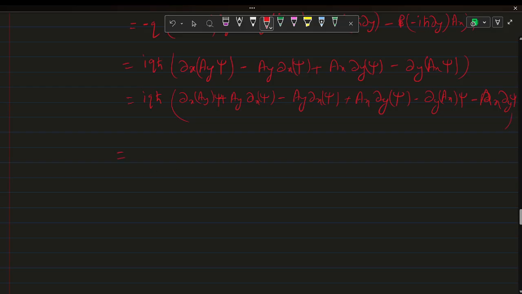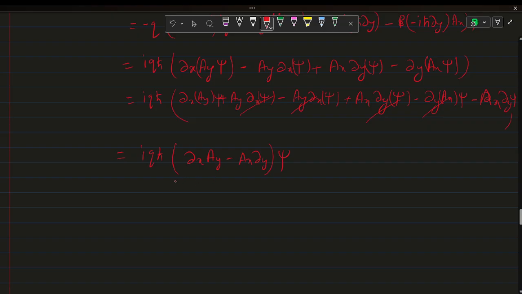So this part will cancel out and this part will cancel out. So I q h cut, this is del x ay minus ax del y into psi.